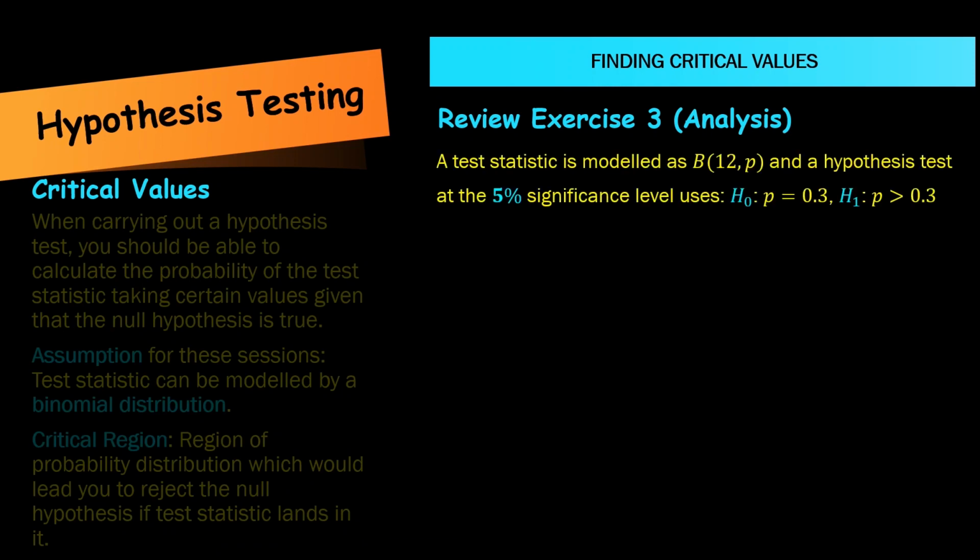A test statistic is modeled as being binomially distributed with n equals 12 and probability p, and a hypothesis test at the 5% level of significance uses H0 such that p is equal to 0.3 and H1 is such that p is greater than 0.3. Assuming H0 to be true, X has the following distribution.